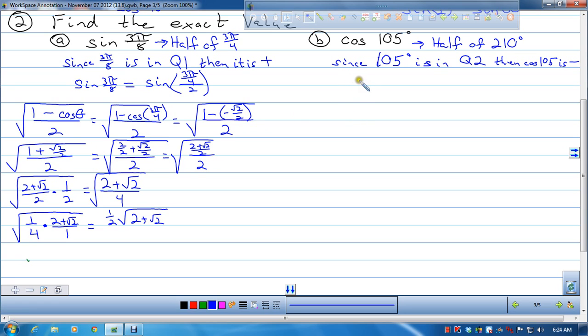So cosine of 105 is equal to cosine of half of 210.